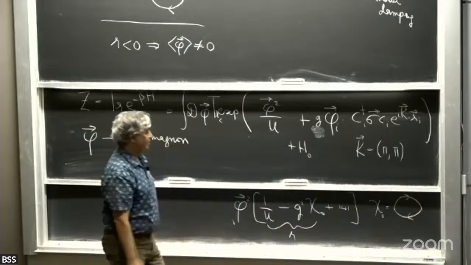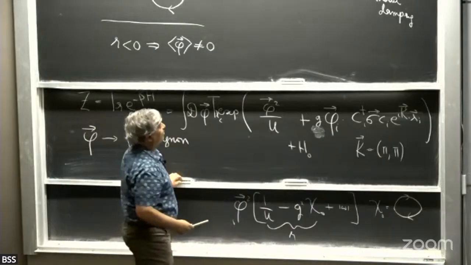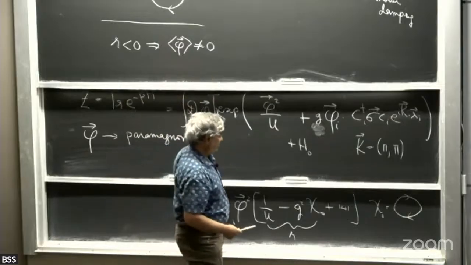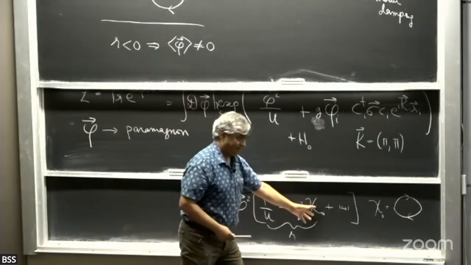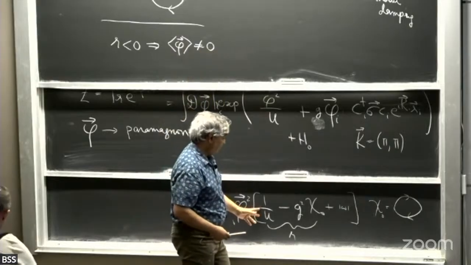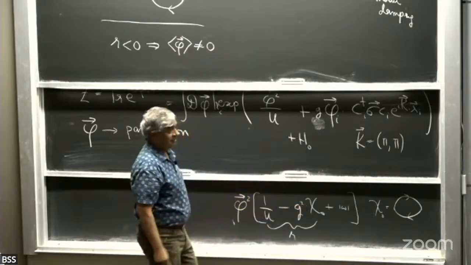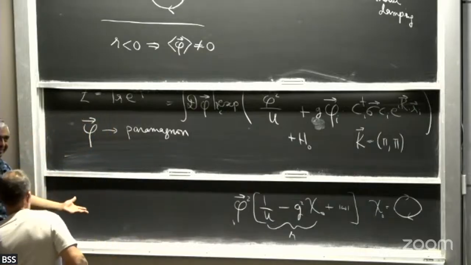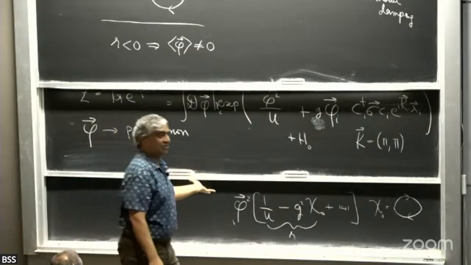So this self-energy graph that I drew over there, if you assume that's just a constant, it just appears as a shift. So that's the Stoner theory of antiferromagnetism.